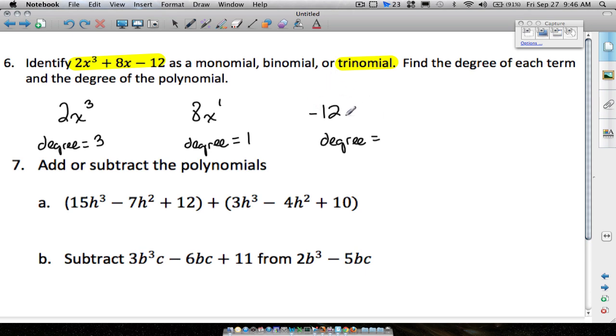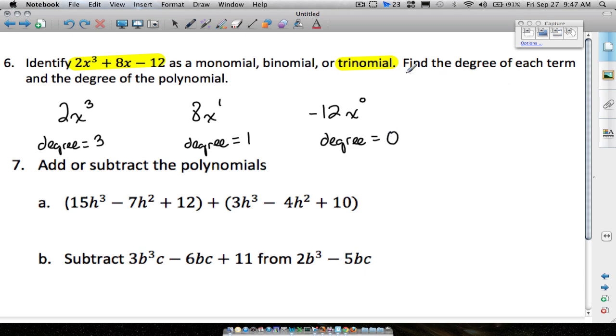I've mentioned this in class, but we can think of x to the 0 power being there, because x to the 0 power is 1 automatically, so we really just have negative 12 times 1, which is negative 12. But anyway, with the x to the 0, what's that exponent? That degree is 0. That's a rule you can remind yourself. Any constant in a polynomial, its degree is going to be 0.